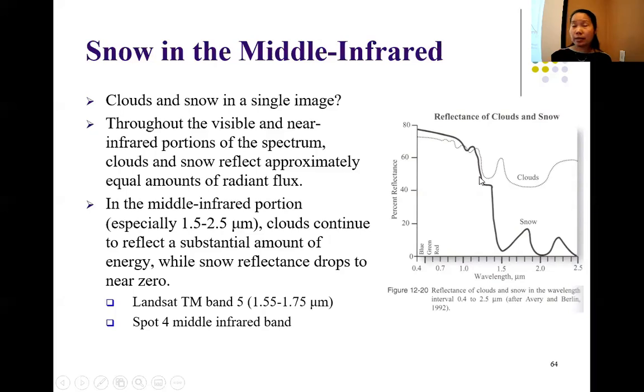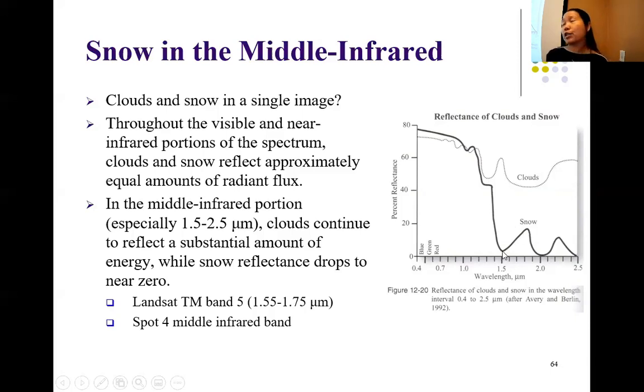As you can see, in the visible light range both features show very high reflectance values, which means in a single band image they both appear quite bright, so it's difficult to separate them. However, when you go to longer wavelengths, the water in the snow causes significant absorption, therefore much lower energy is observed in that area.